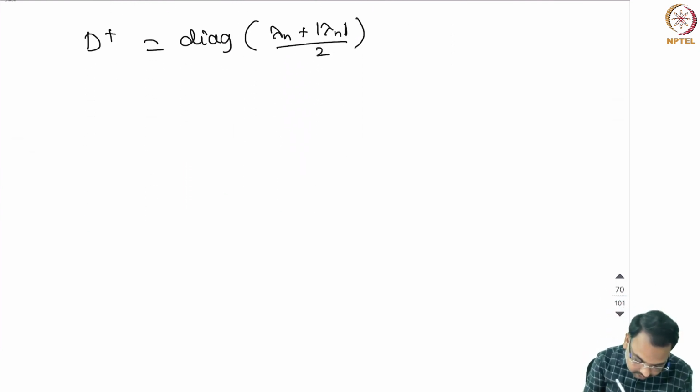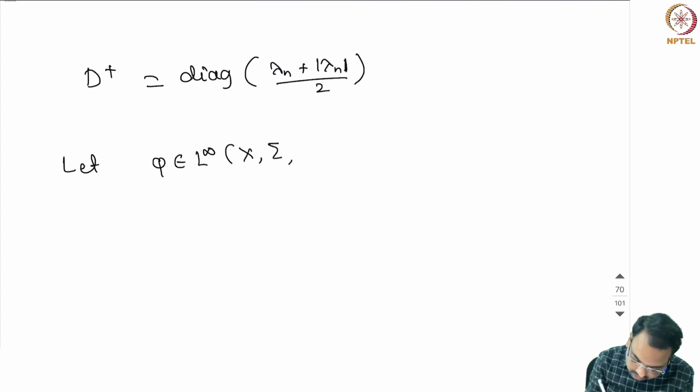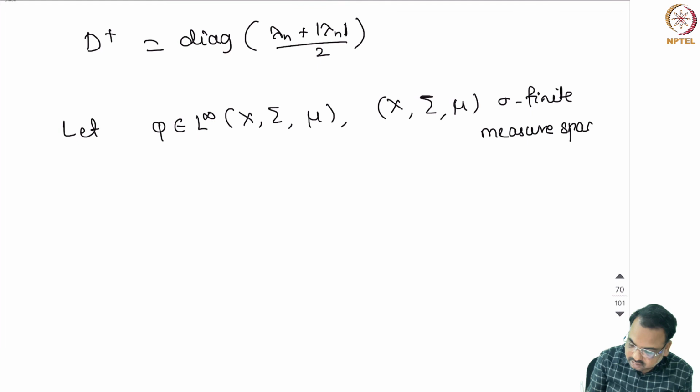So let us take a multiplication operator. Let φ be in L∞(X, σ, μ), where (X, σ, μ) is a sigma-finite measure space. Here φ is real valued.